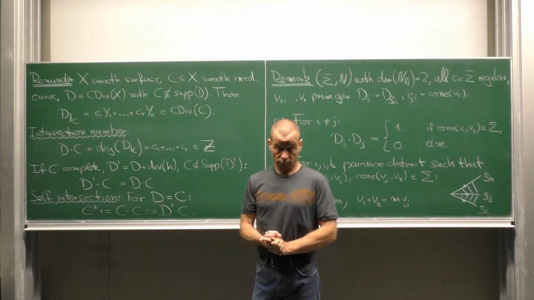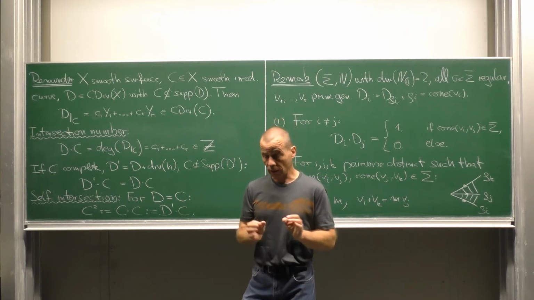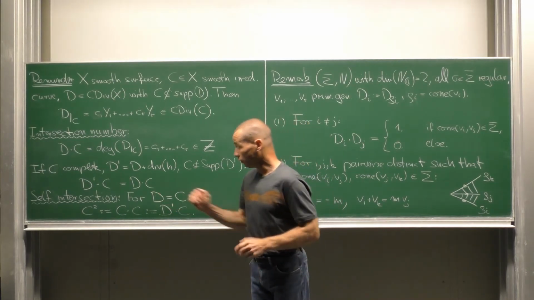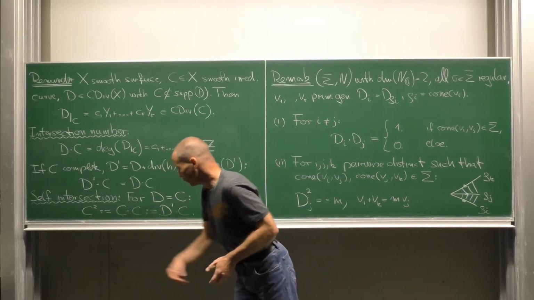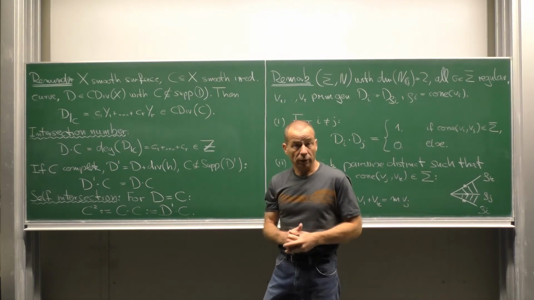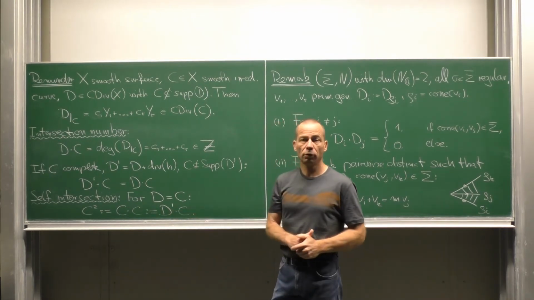This allows us to define self-intersection numbers. If D equals C, then the self-intersection number C squared is defined and computed as D' dot C.